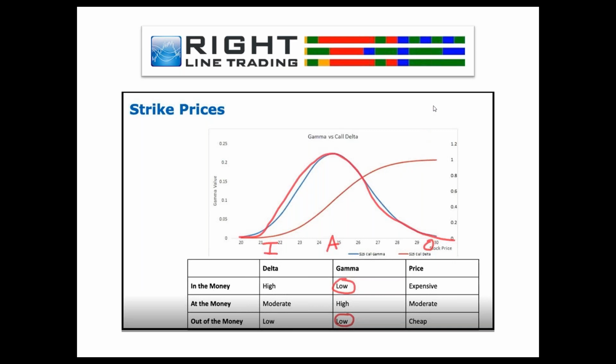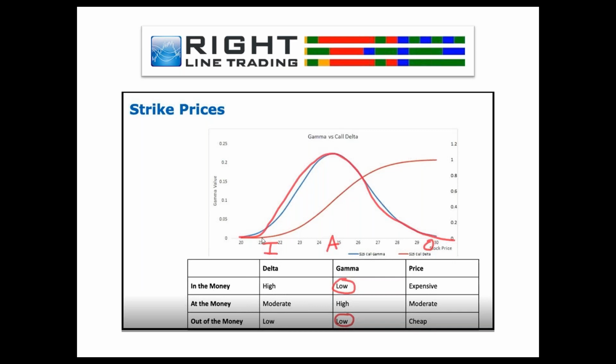If you want to buy it deeply in the money, you might as well just buy the stock, because for every dollar the stock goes up, the option goes up $1. Now, obviously, you're going to make more money on the option, but you're not using the leverage that you can get with an option.